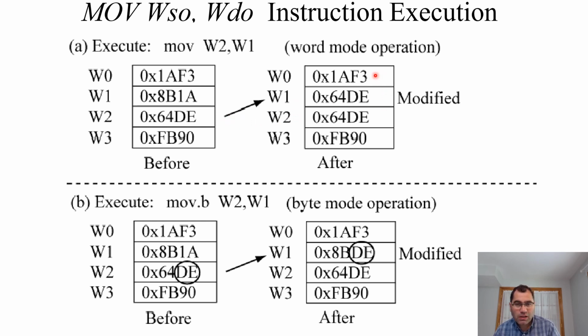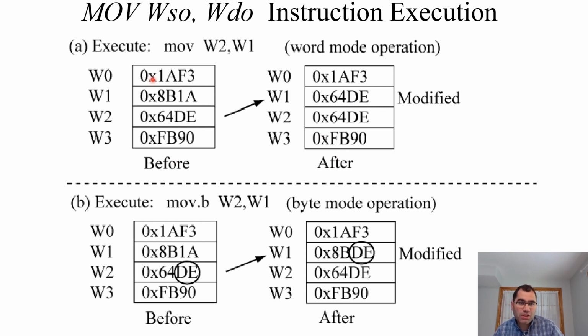Everything else remains the same. We didn't do anything with W0 or W3, and W2 we just copied. We didn't modify the content of W2, we just copied it and put it in W1. So this is before and this is after.